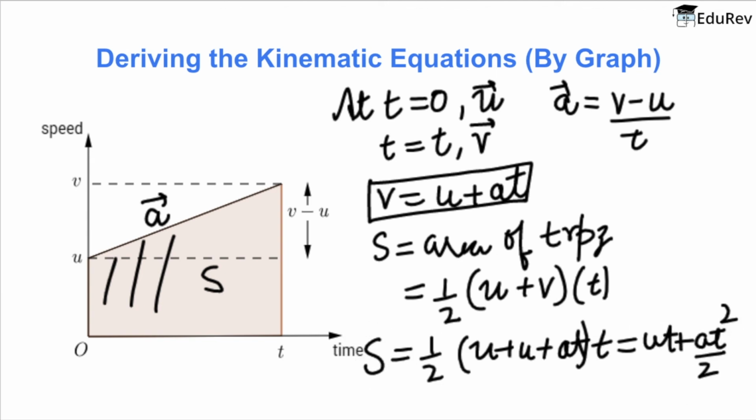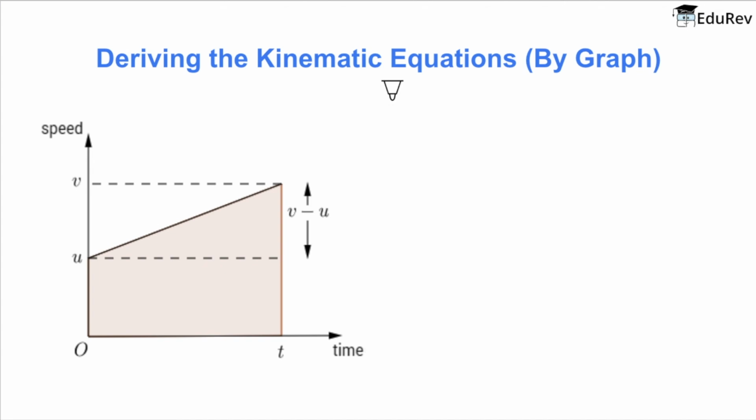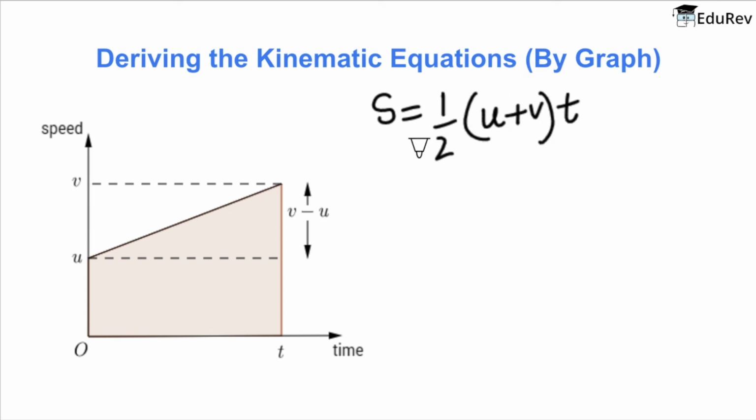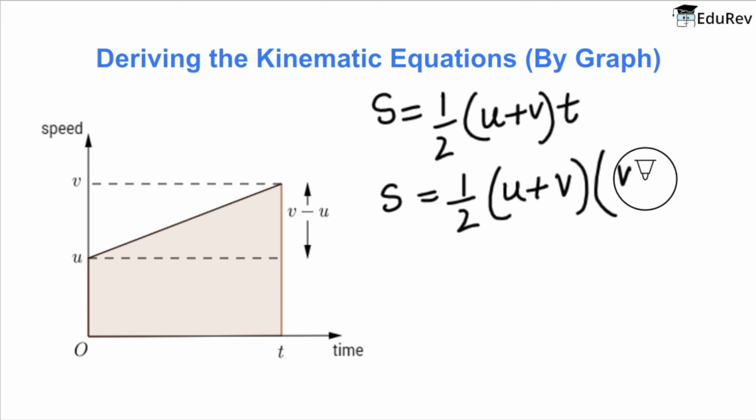Now for the third equation, for that we will again take the distance. So s is equal to half times u plus v times t. And now, instead of replacing v, we will replace t here. So this gives us half times u plus v multiplied by v minus u divided by a.